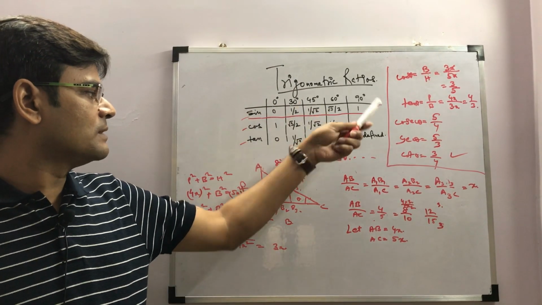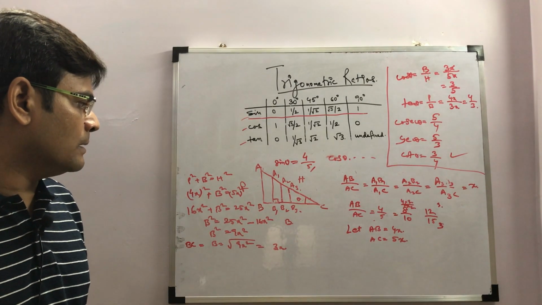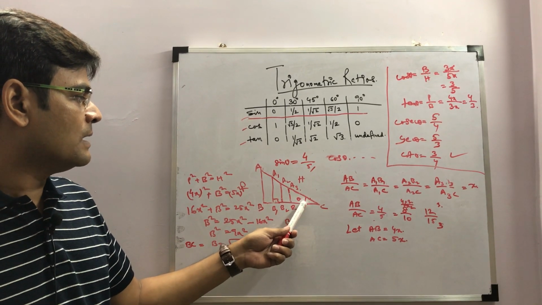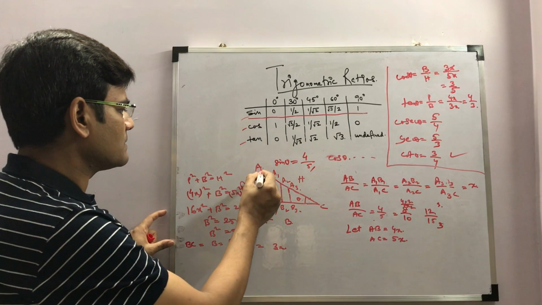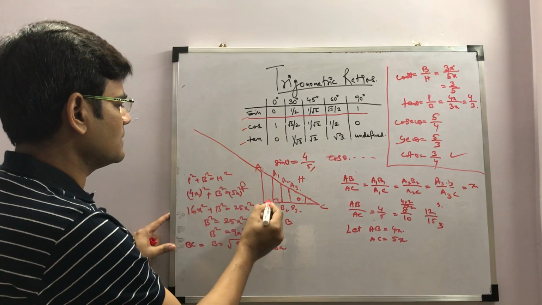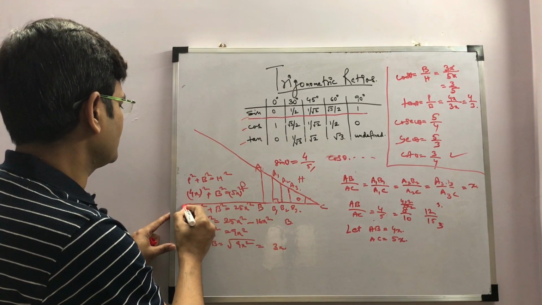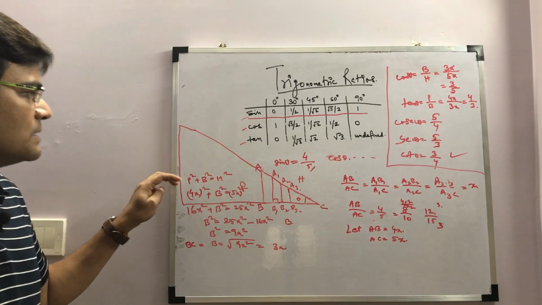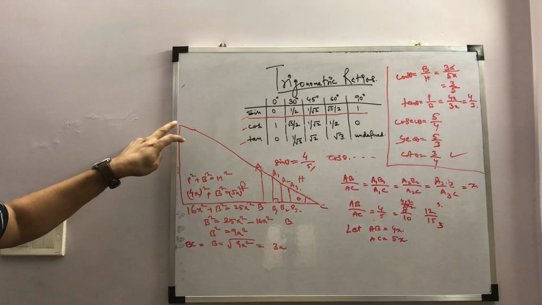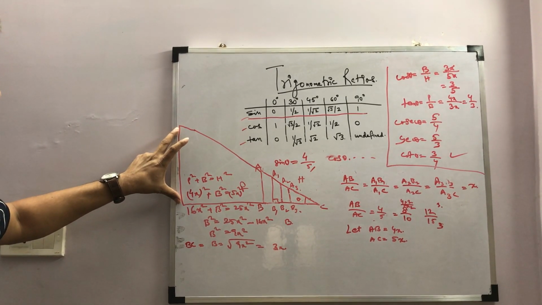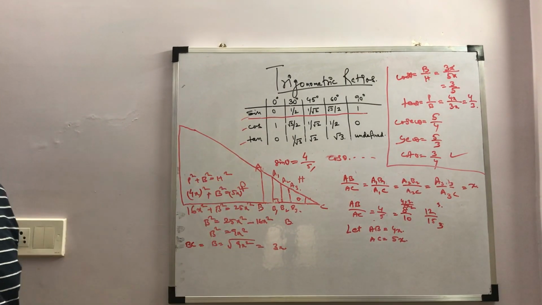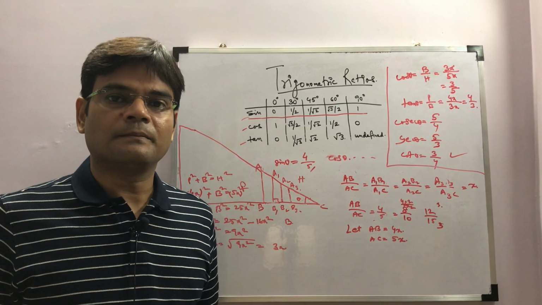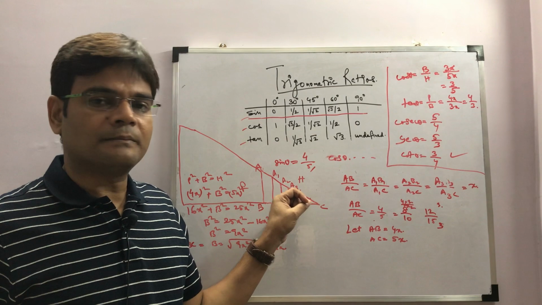Why do we say trigonometric ratios? Because in a triangle if theta is constant, you can develop as many triangles as you want, at any size. Everything is going to change. The hypotenuse, the perpendicular and the base all become longer, but the ratio remains the same if the angle is the same.